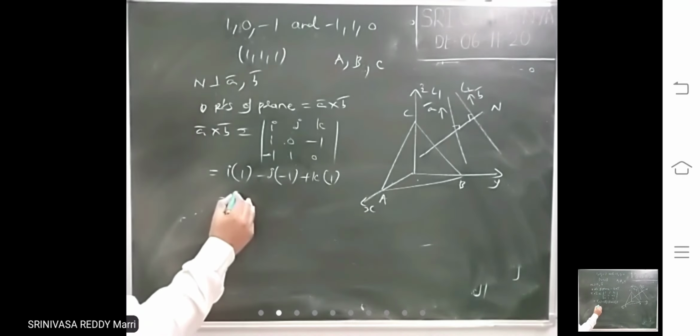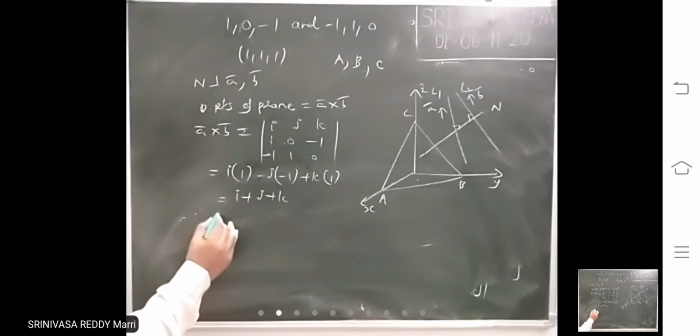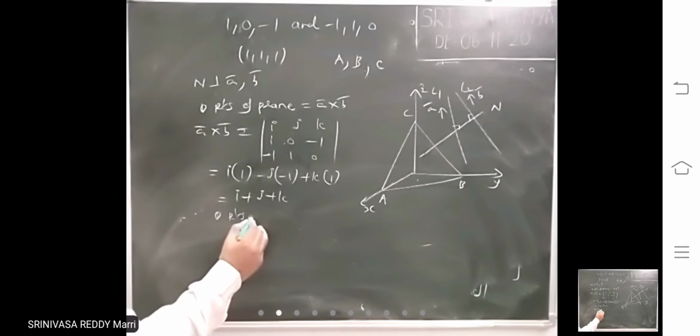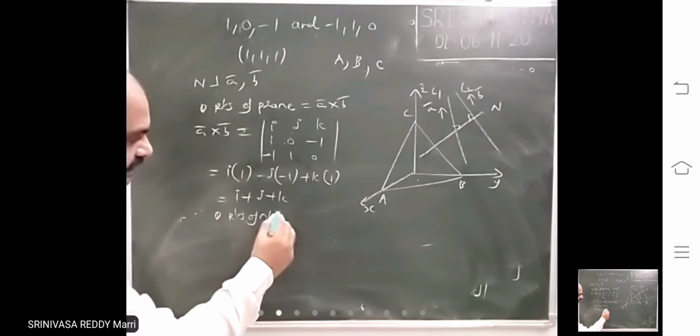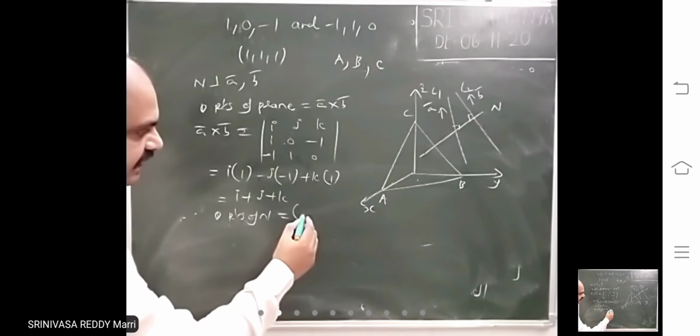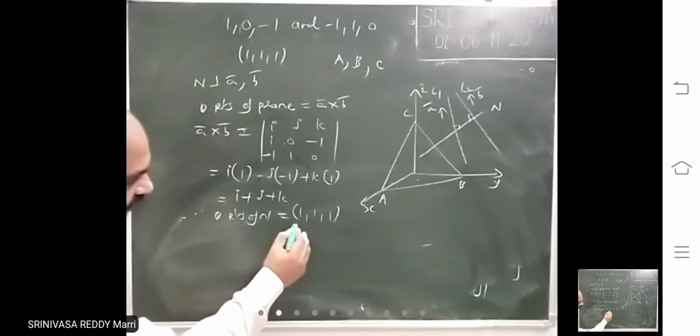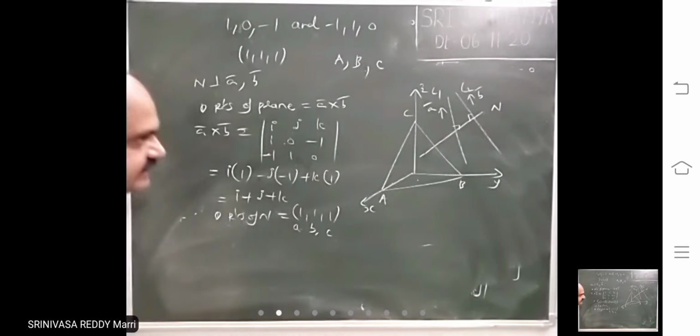That means i plus j plus k. So the DRs of n are 1, 1, 1. This is A, B, C.